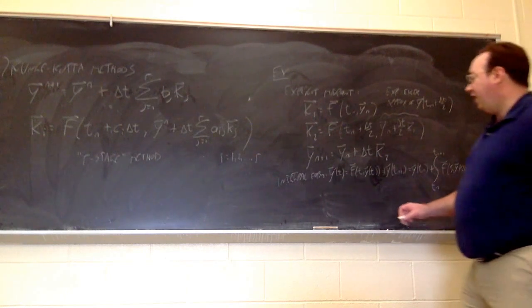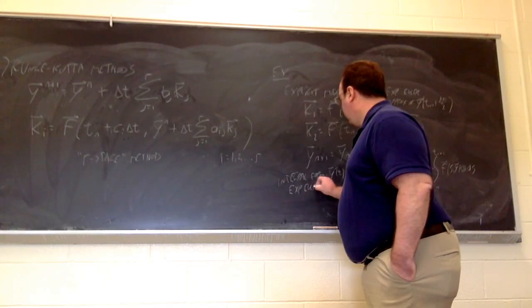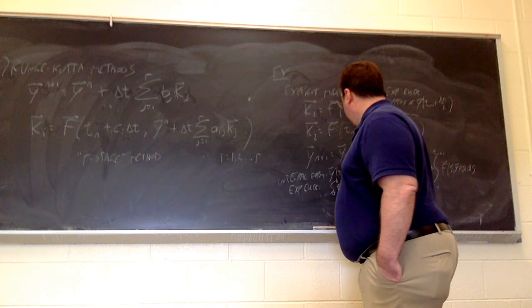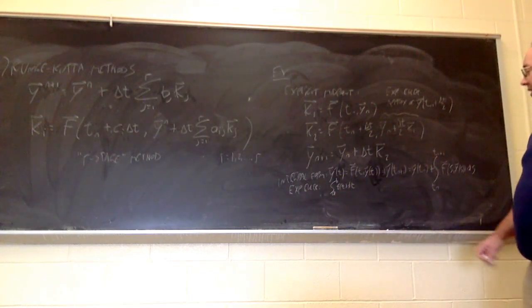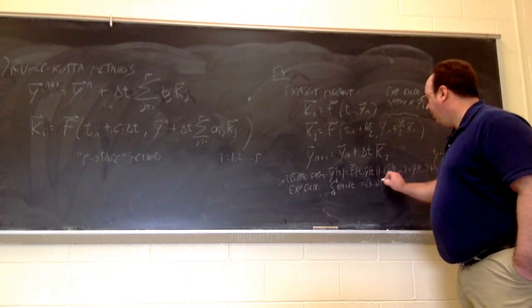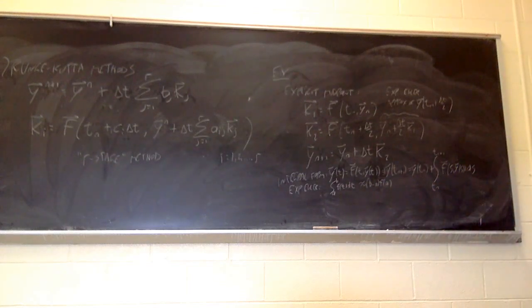So explicit Euler approximates an integral of f of t dt very simply, just by taking the width of the interval times f evaluated at the left endpoint, Tn. So it's a pretty crude approximation.